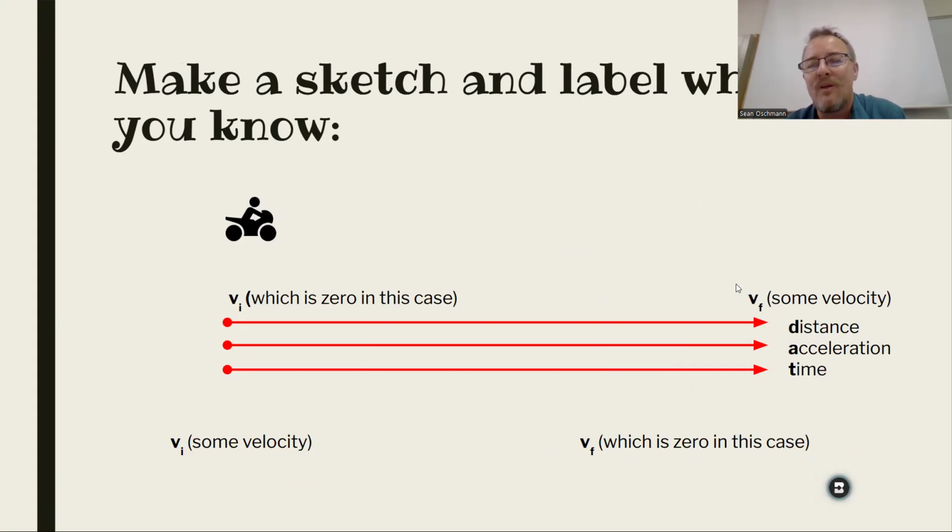If we started at zero, then of course we have some velocity. And this happens over some distance. We call it acceleration. And then, of course, it takes some time. So if this motorcycle starts from rest, and then accelerates until it reaches the end of this line here, it had initial velocity, here it has final velocity, and in between you have distance, acceleration, and time.